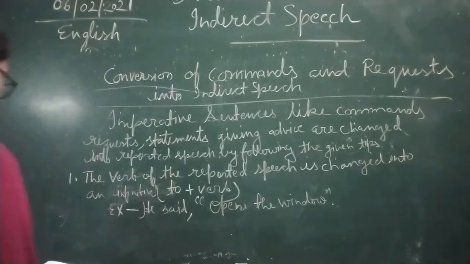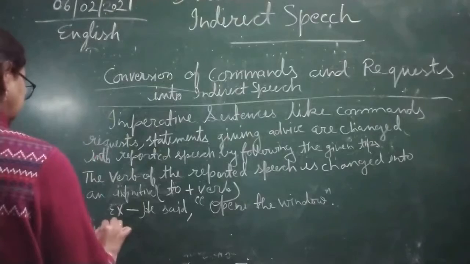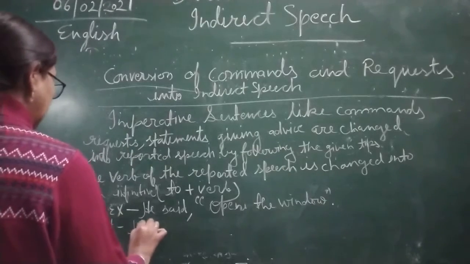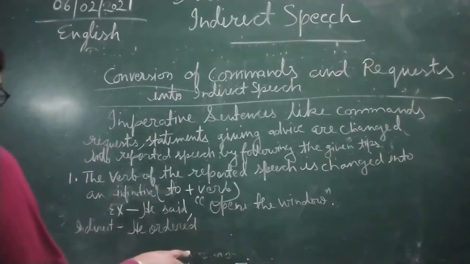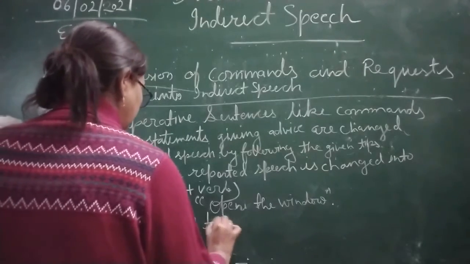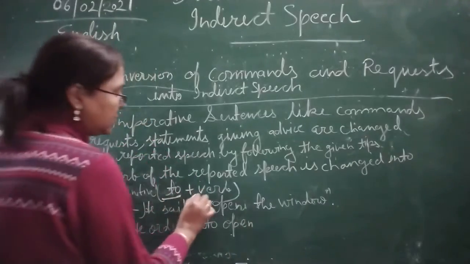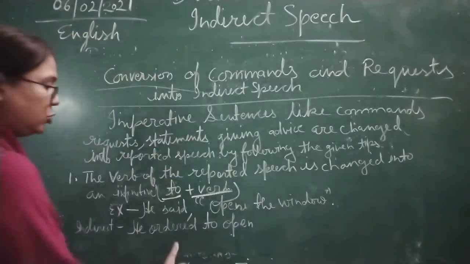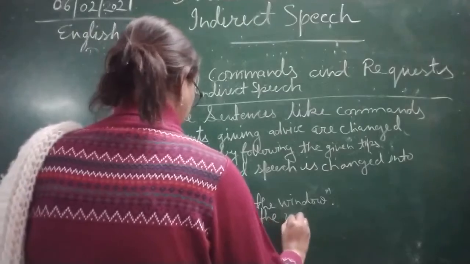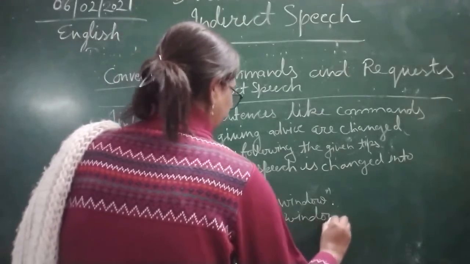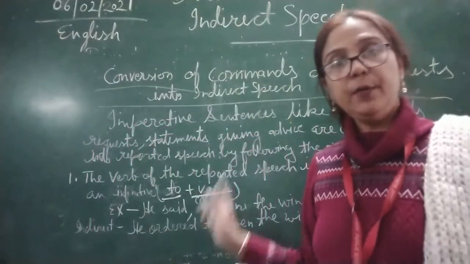Okay, now how are we going to write in indirect speech? He ordered to open, to open. Here you can see to plus verb. To open the window. Simple thing. He ordered to open the window.